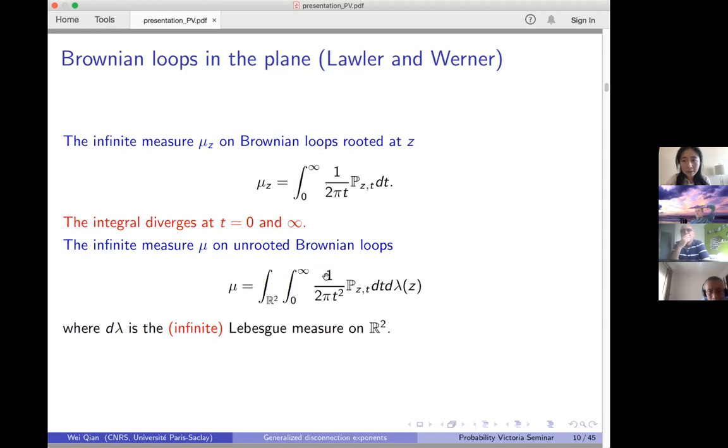I will not go into the details because for the present talk, it is not necessary that you remember this detailed formula for the loop measure. But I just want to remark that this integral diverges at t equal to 0 and infinity. So this mu is in particular an infinite measure and has infinite mass for very small t and very big t. But it has finite mass if you have a bounded t, not too small or big.